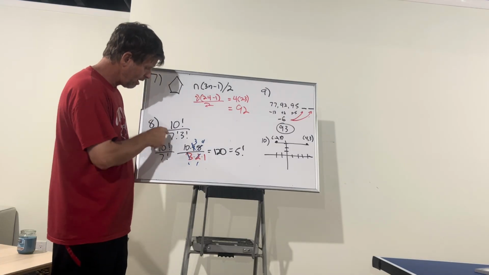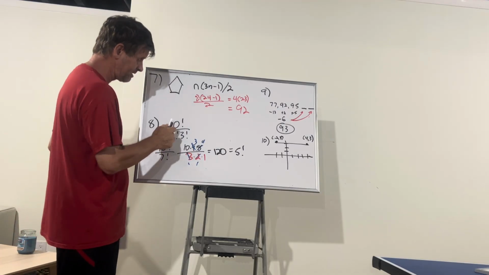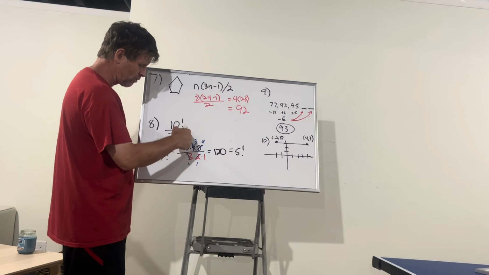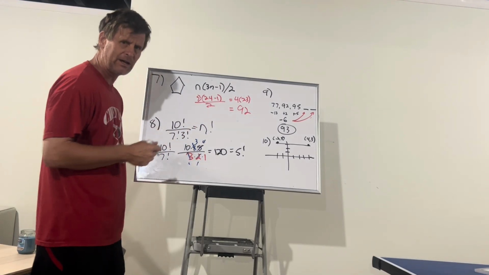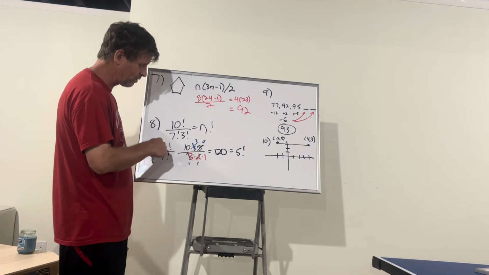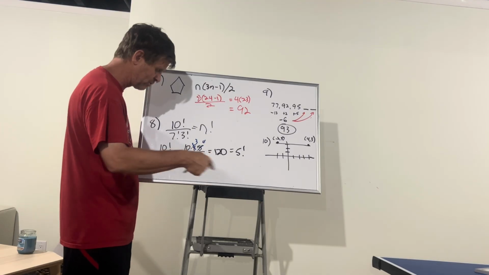All right, next one says this, it gave this 10 factorial over 7 factorial times 3 factorial is equal to n factorial. So what's the value of n? Or maybe it was an x, I forget what it was, okay? But anyway, 10 factorial is 10 times 9 times 8 times 7 times 6 times 5 times 4 times 3 times 2 times 1.